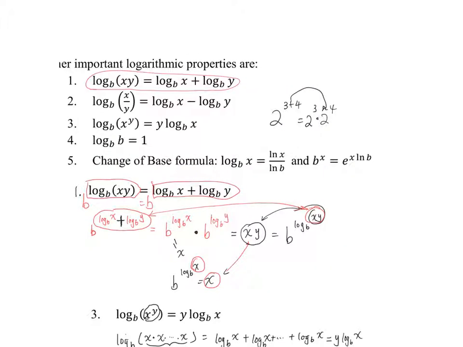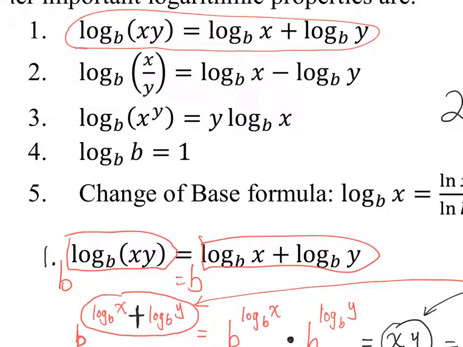For property number 4, which is this one, it comes directly from the definition, because we do know that b raised to power 1 equals b, right? Okay, how would you convert this into exponential form? So think of this as your triangle, this is your rectangle.